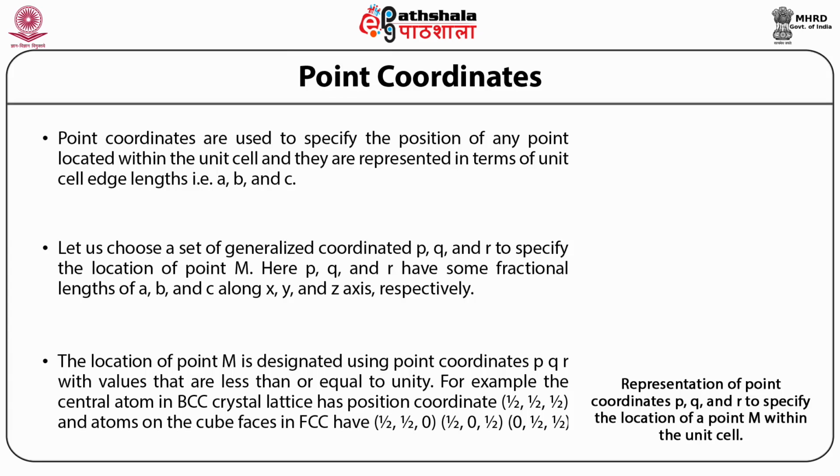For example, the central atom in BCC crystal lattice has position coordinates 1/2, 1/2, 1/2, and atoms on the cube faces in FCC have 1/2, 1/2, 0; 1/2, 0, 1/2; and 0, 1/2, 1/2.